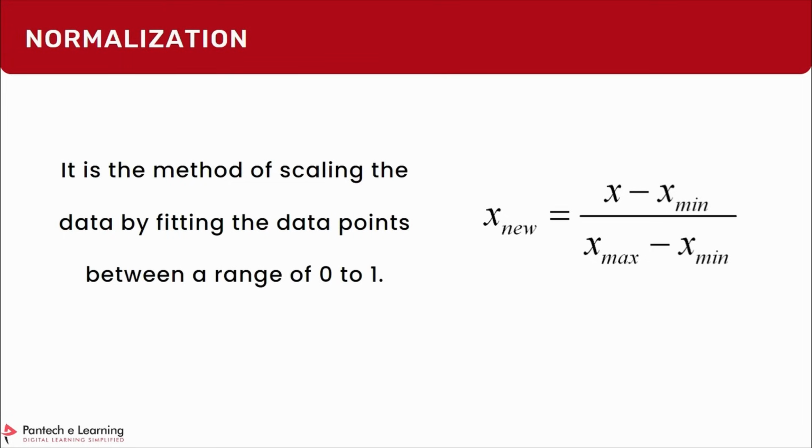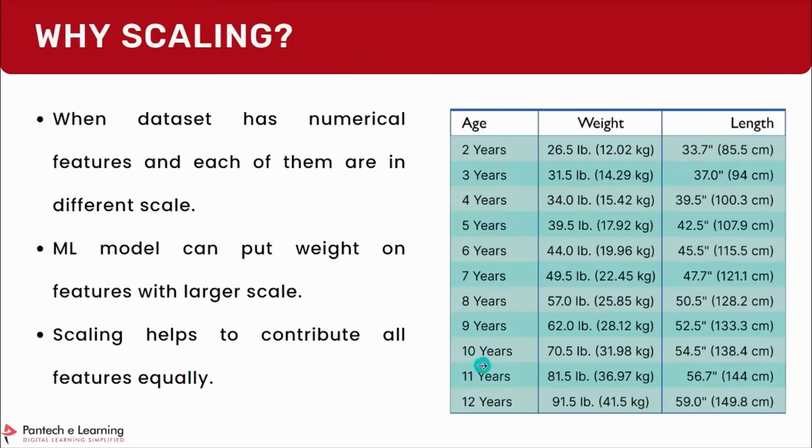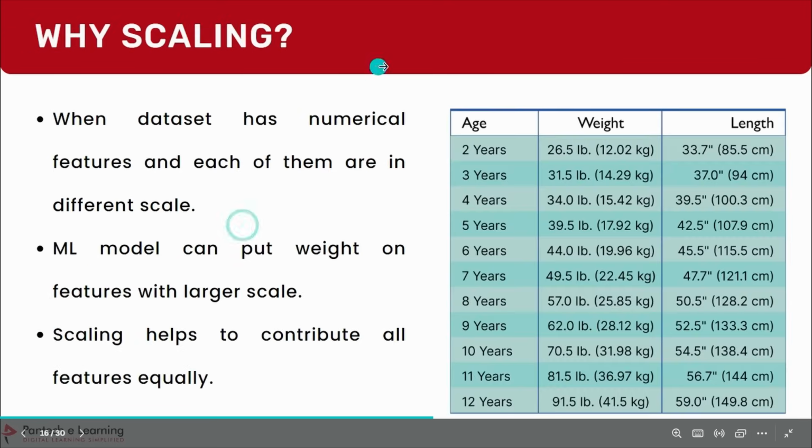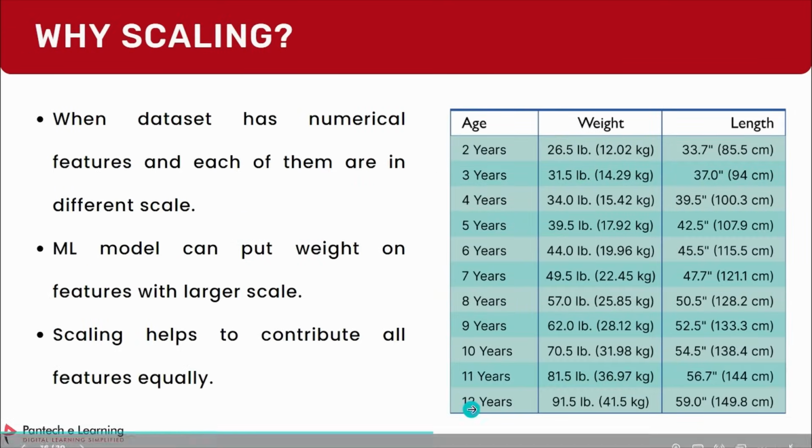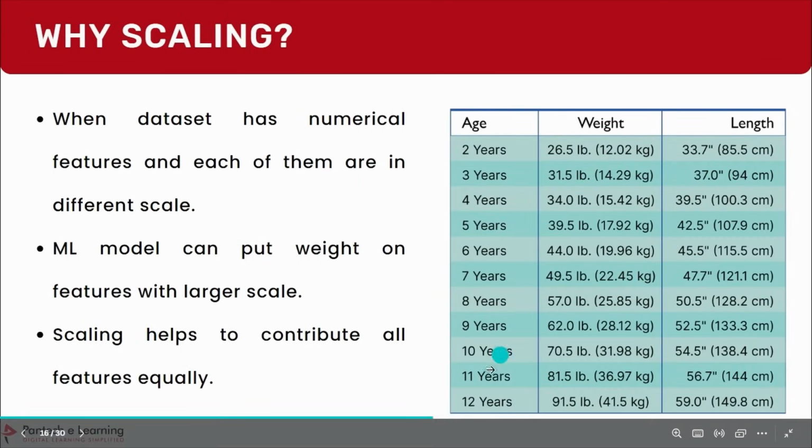Here in normalization, we will be using this particular formula, and if I apply this formula, all your values will transform between a range of 0 to 1. For example, if I take this age column and apply this formula for all the points, then the minimum value of this column will be 0 and the maximum value will be 1, and the remaining values will be between them. Like that we can do for all the columns.